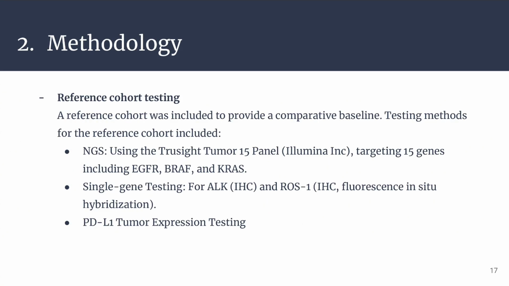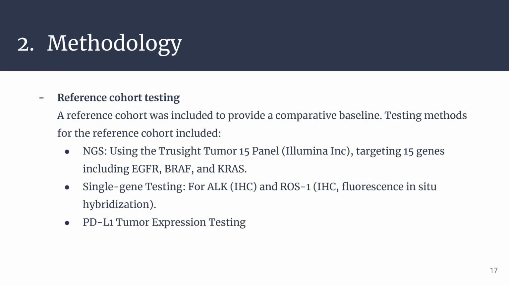The reference cohort provides a historical baseline for comparison. This cohort consisted of patients diagnosed with advanced non-small cell lung cancer and treated prior to the COVID-19 pandemic. By comparing the Accelerate cohort with this reference group, the study aims to demonstrate the effectiveness of the new plasma ctDNA testing approach in reducing the time to treatment and improving the identification of actionable genomic alterations.